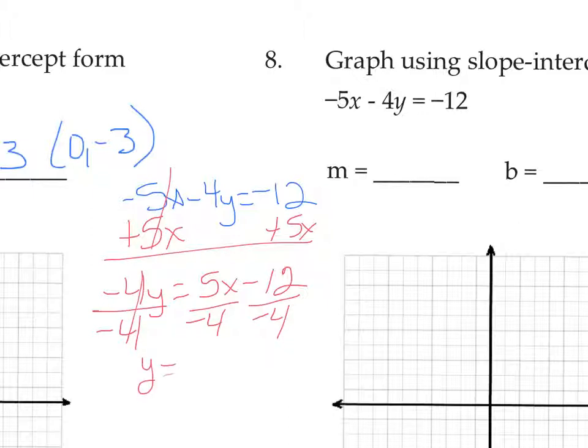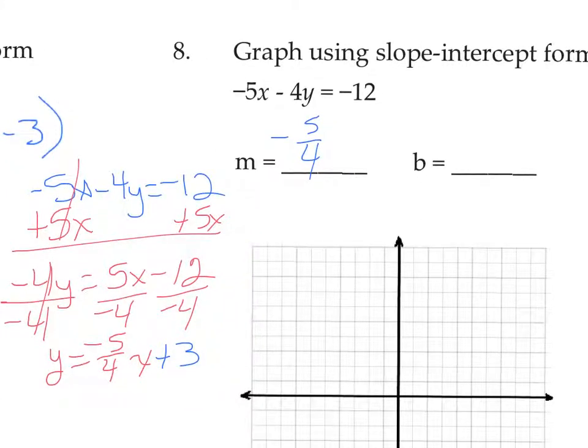So y equals, all right, 5 over negative 4 makes negative 5/4 x. And negative divided by negative here makes positive 3, 12 divided by 4. So m is negative 5/4, and b is 3, which gives us a y-intercept of (0, 3).